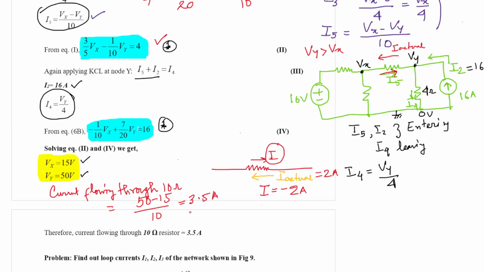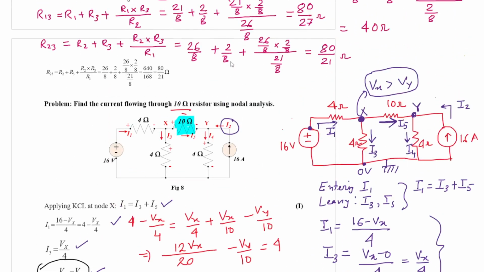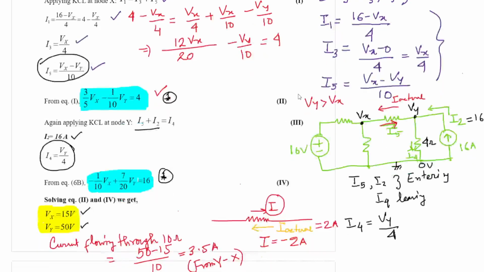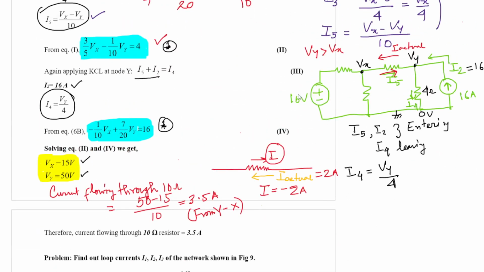The direction is from Y to X. Before starting the problem we assumed the current flowing from X to Y, but the actual direction is from Y to X. Still it does not cause any harm, we just get a negative answer.